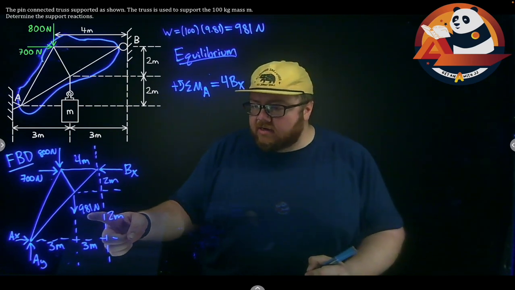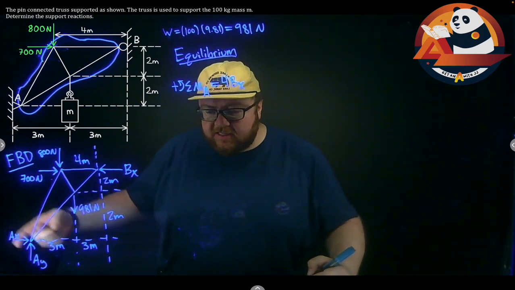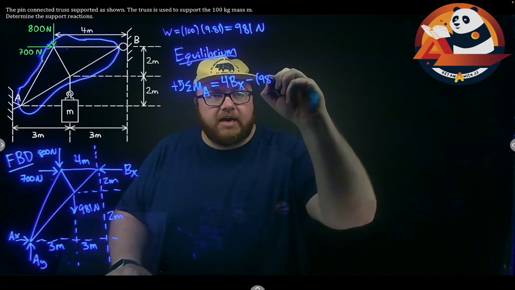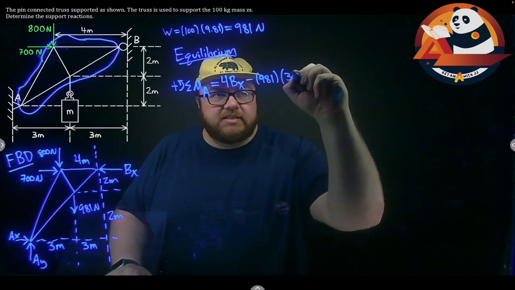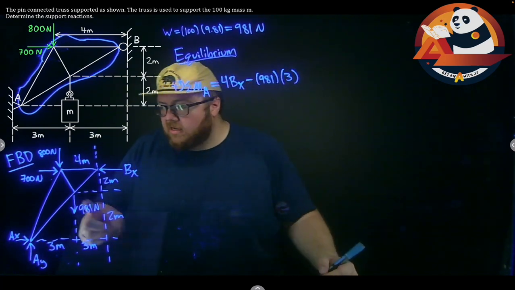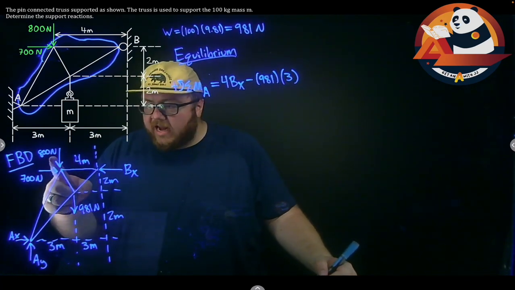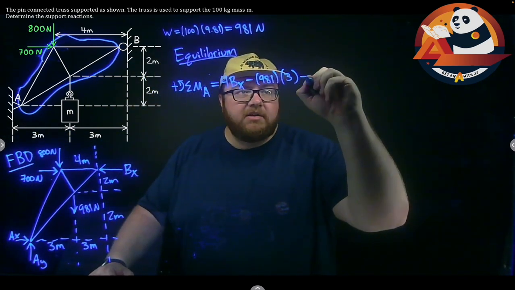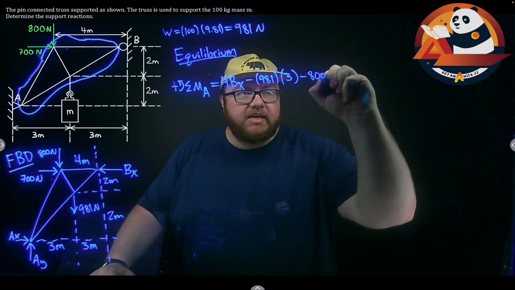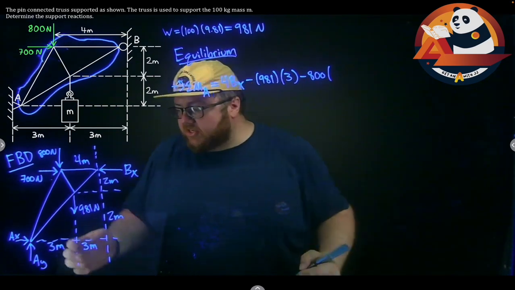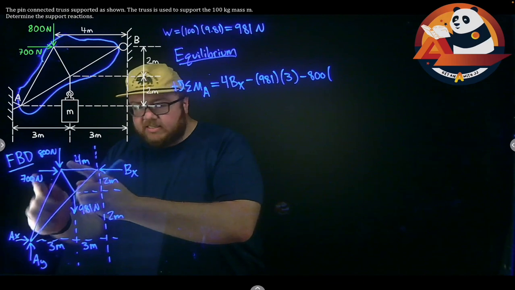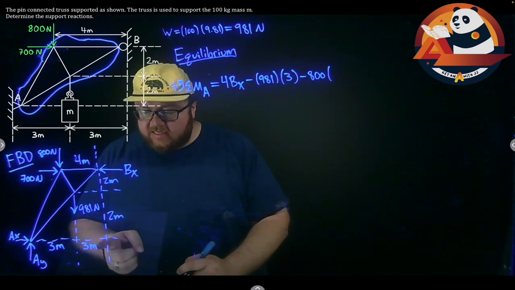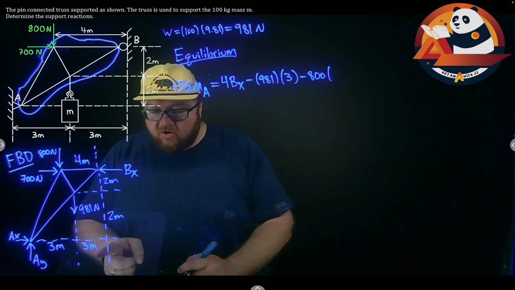The weight here will cause a clockwise rotation, so I'm going to subtract its moment out, minus force 981 times my distance, 3. My 800 is going to cause a clockwise rotation, so I'll subtract it out, minus my force is 800, and my distance here should be, well, I don't know this distance from A to 800, but I know from A to B is 6 meters horizontally.